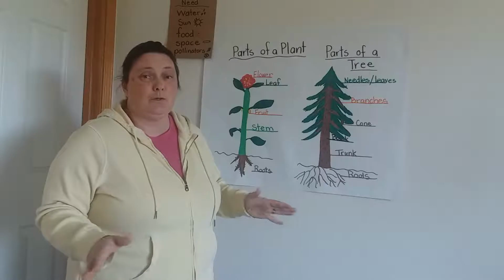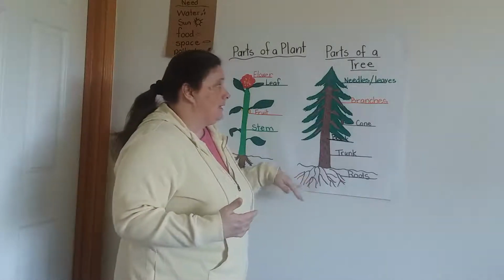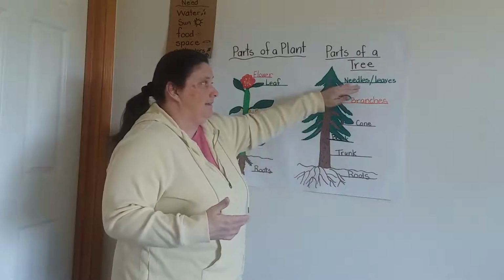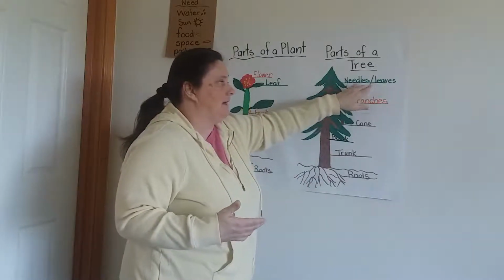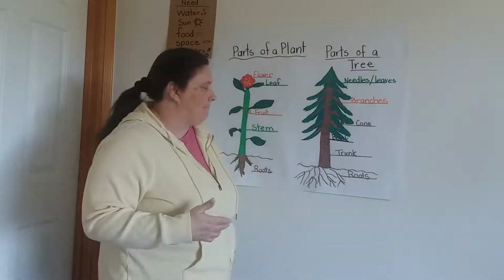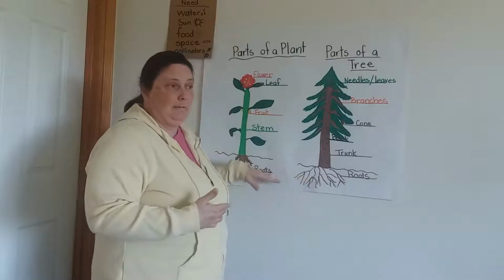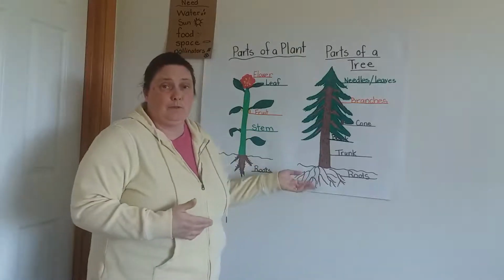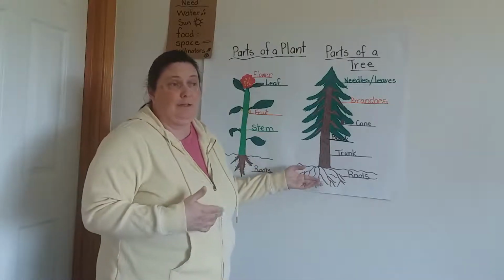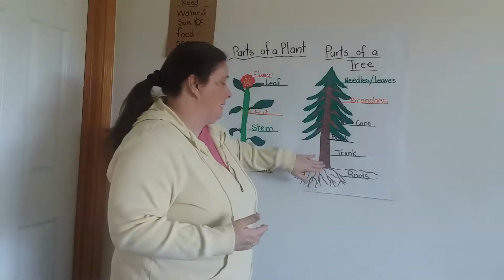So those are called deciduous trees, but they have mostly the same parts. The main difference is that instead of leaves like a deciduous tree, this tree here will have needles. Okay. So all trees have roots, again, just like the plant. The roots will hold the tree in place as well as give it nutrients and water from the soil to begin the growth process.